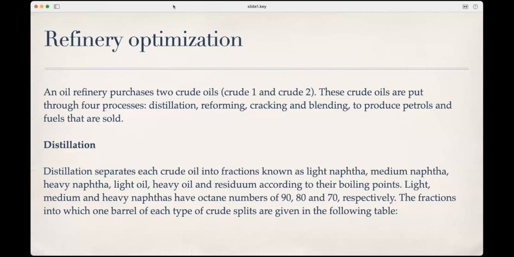And of course, some of the product we also send to the cracking process, okay? And once we got all these products, we can blend each stream together in order to obtain the final products. Okay, so the first process is distillation.